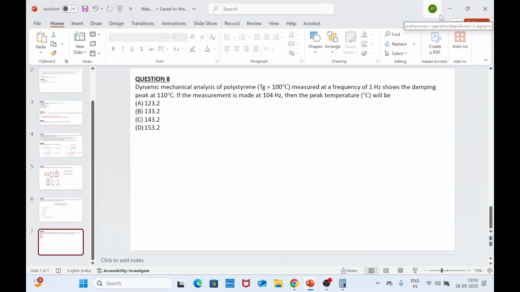With respect to that, we can calculate the glass transition temperature. Based on this phenomenon, the damping mechanism, we can calculate the glass transition temperature of the polymer.